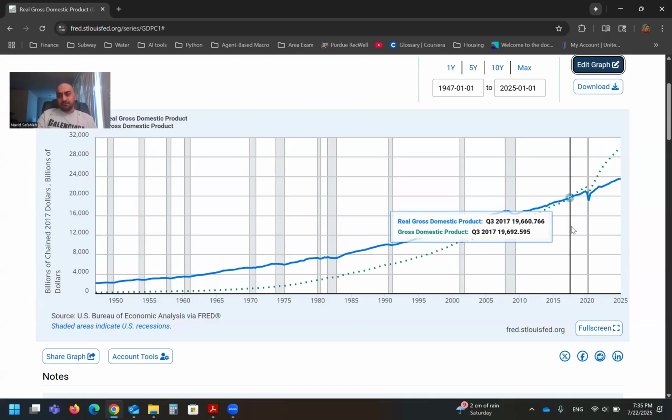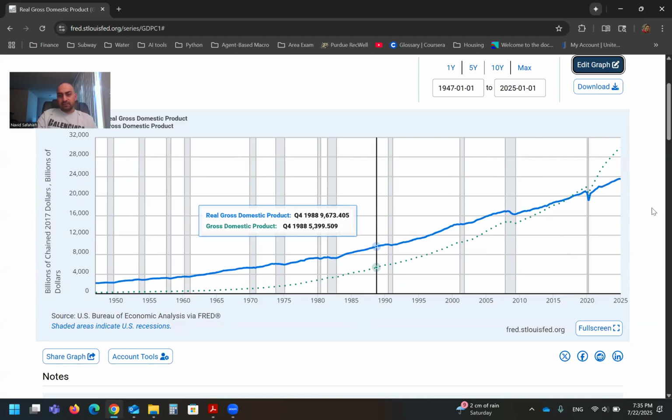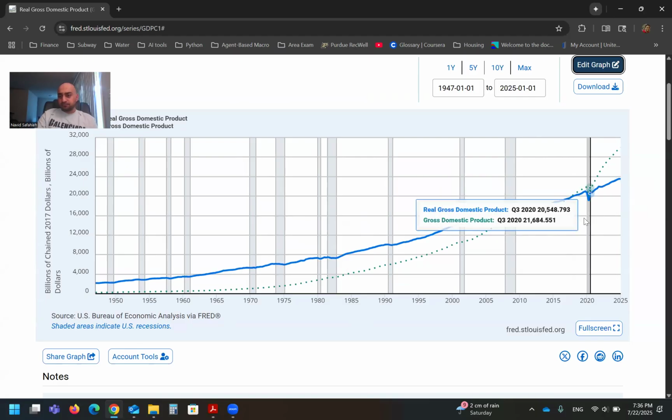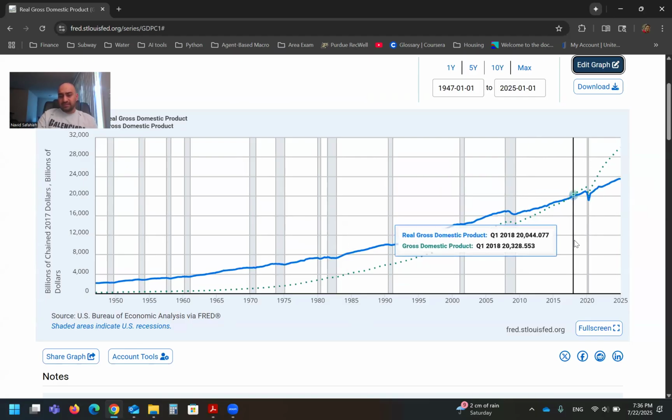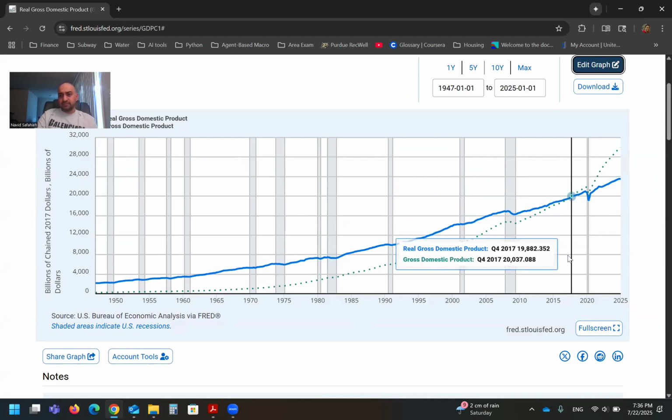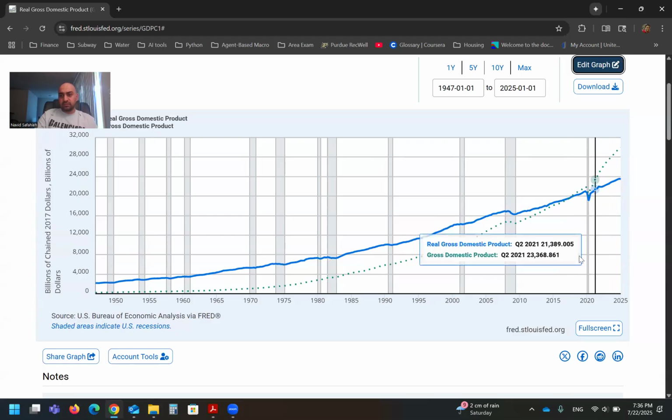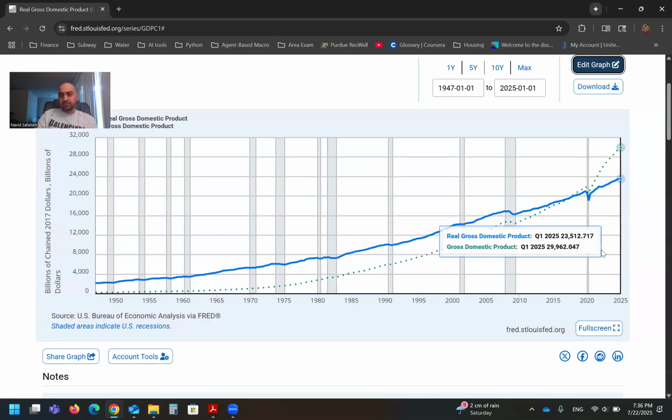In 2017, they are equal, and this is because the benchmark year is 2017. You can see that after that the nominal GDP is higher than real GDP, and this is actually because of inflation. As years increase, the difference between nominal GDP and real GDP increases.